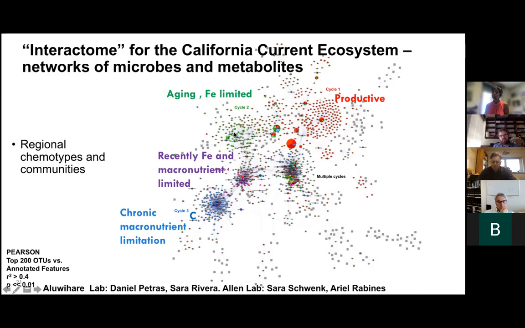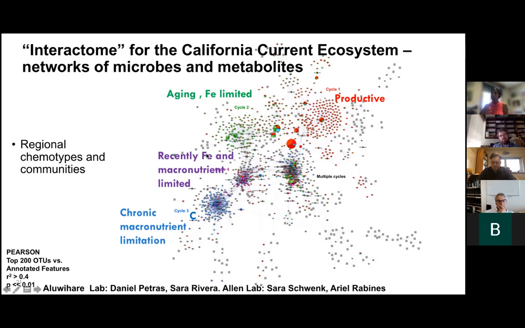If you go to an aging iron-limited system, so it's that same water mass, but it's aging, so the nutrients are slowly getting drawn down. It's extremely iron-limited. There you see different kinds of organisms and interactions with metabolites that were unique. And then you can go further offshore where you're both iron and macronutrient limited, or you're in a fully chronic macronutrient limited system.